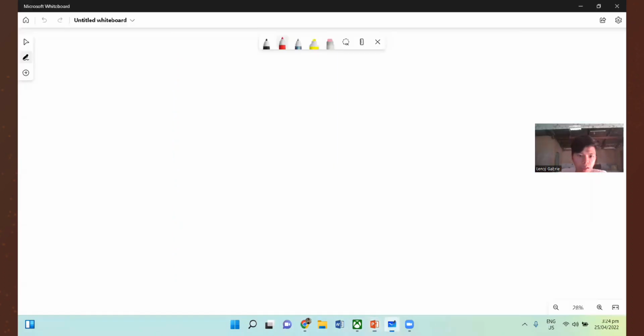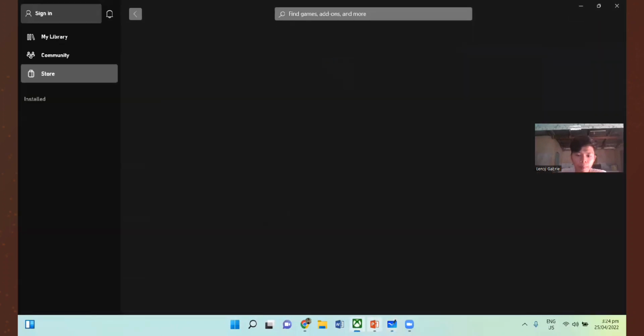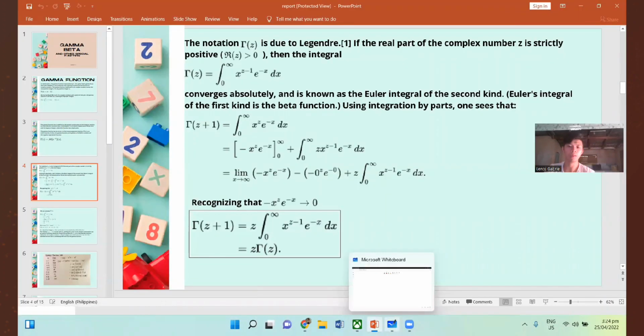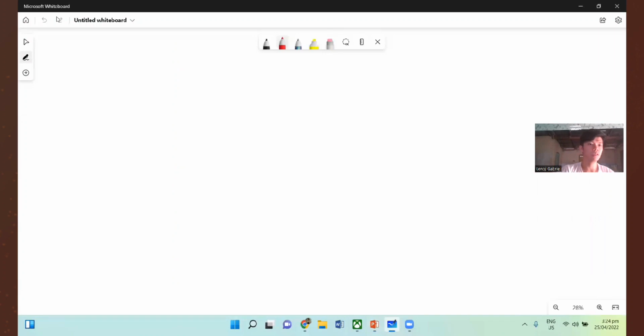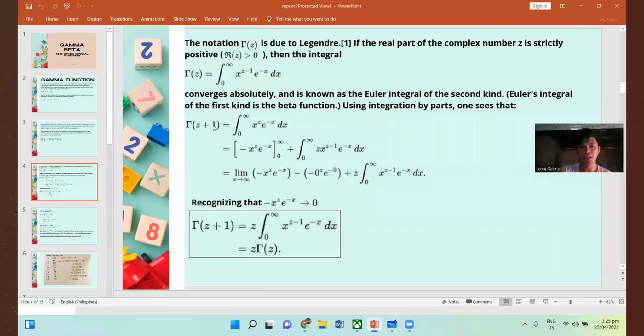So para mas madali nating maintindihan, we are going to explain that in this white sheet. So gagamit tayo ng gamma of n plus 1, which dun sa PowerPoint natin, ang ginamit niya is z.